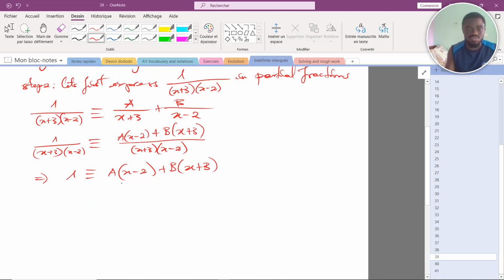So there is no need to develop this in order to find A and B. So the first condition, when x is equals to 2, I'll come and substitute it here. I'll have 1, which will be equals to what? A. When I put 2 here, I have 0 plus B into what? 2 plus 3.